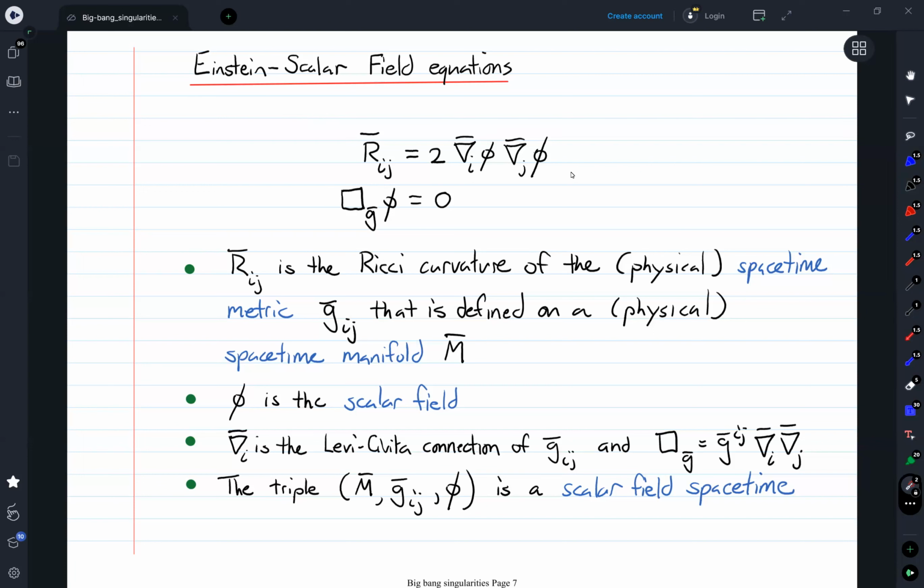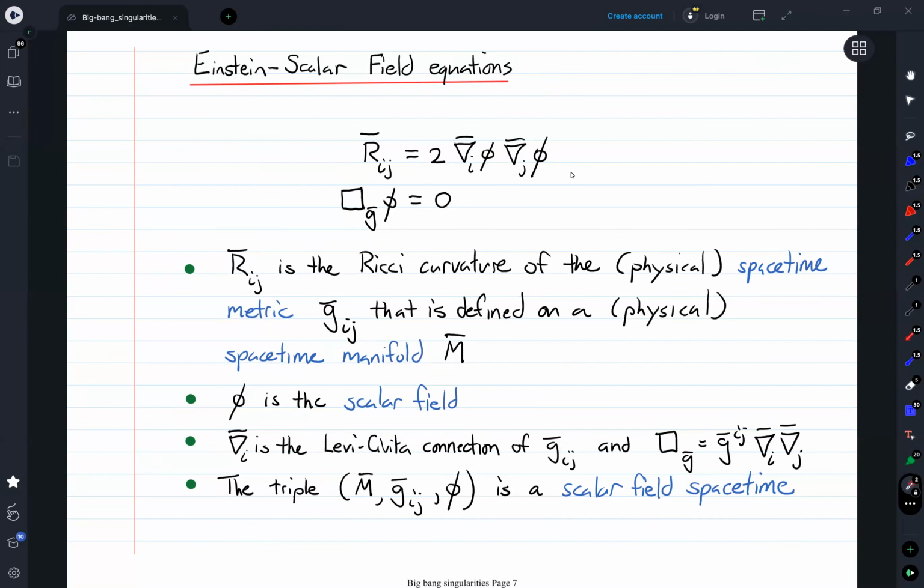If that all happens, then we say we have a scalar field space-time. And of course, if I just restrict to an open set of a solution that I already have, that would be a scalar field space-time too, so it comes with the set which it's defined on.